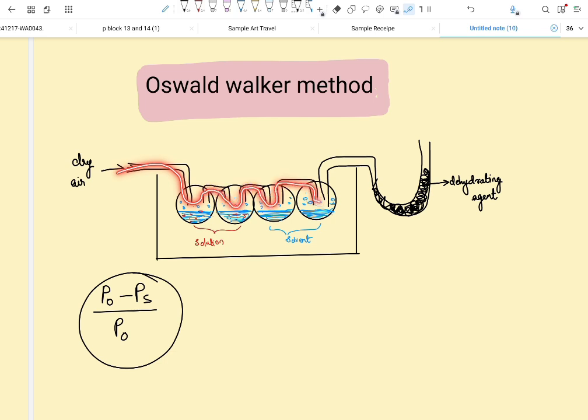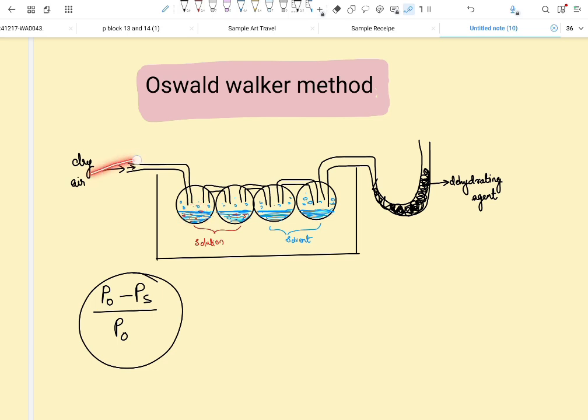Here you can see that relative lowering in vapor pressure happens when a non-volatile solute is dissolved in the solvent. The solute doesn't have the capacity to vaporize, but the solvent molecules will vaporize.